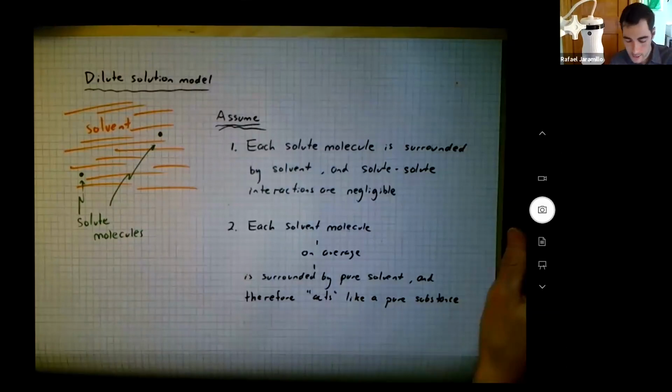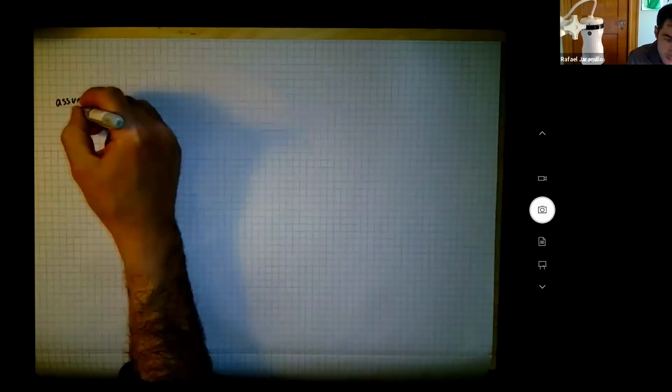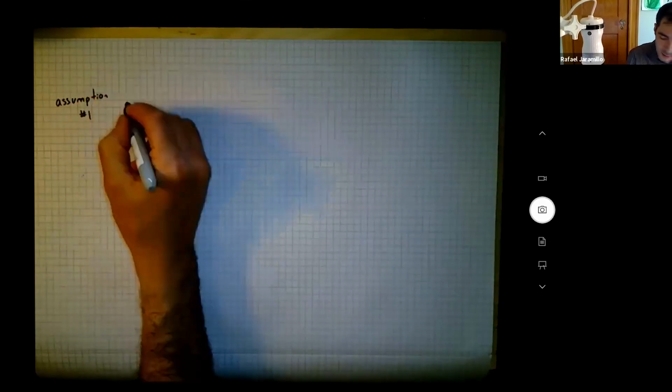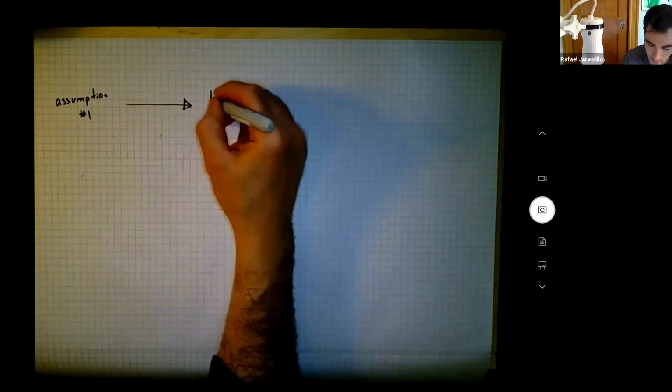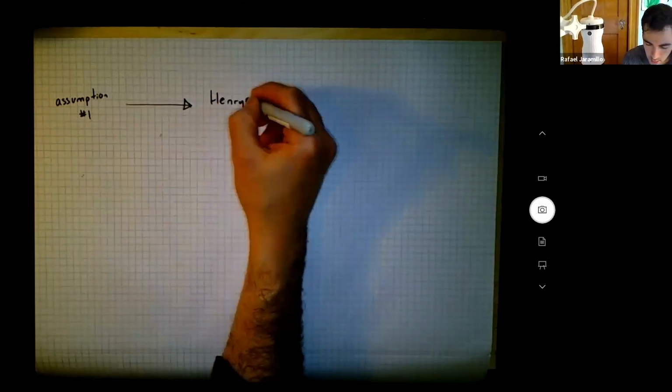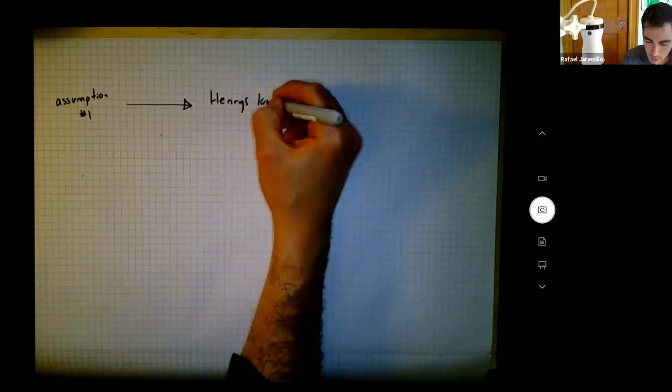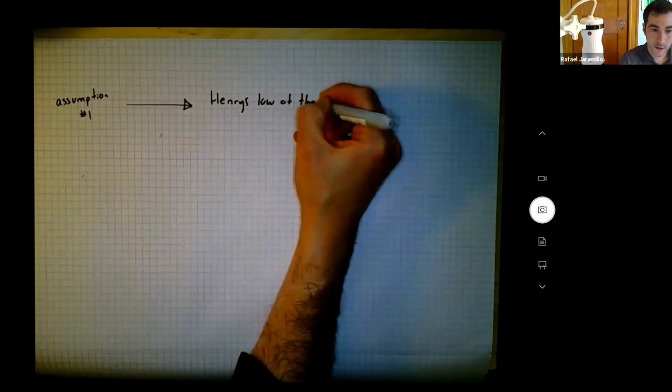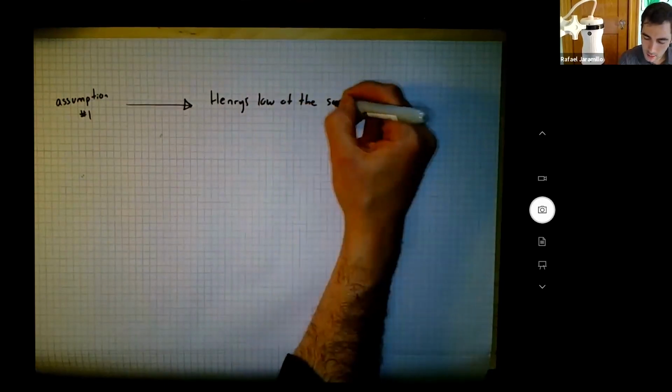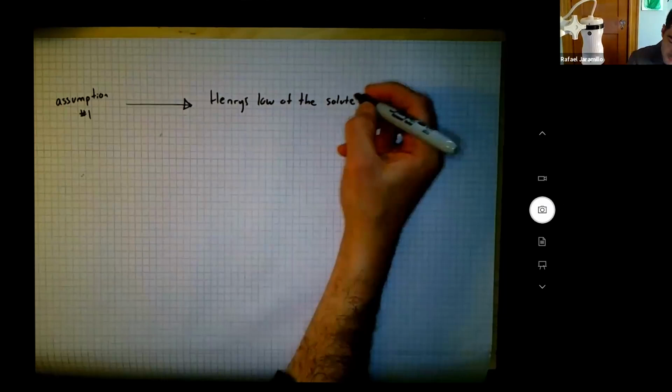And so here are the mathematical implications of that. So assumption number one leads to something called Henry's law, Henry's law of the solute. And that's the following.